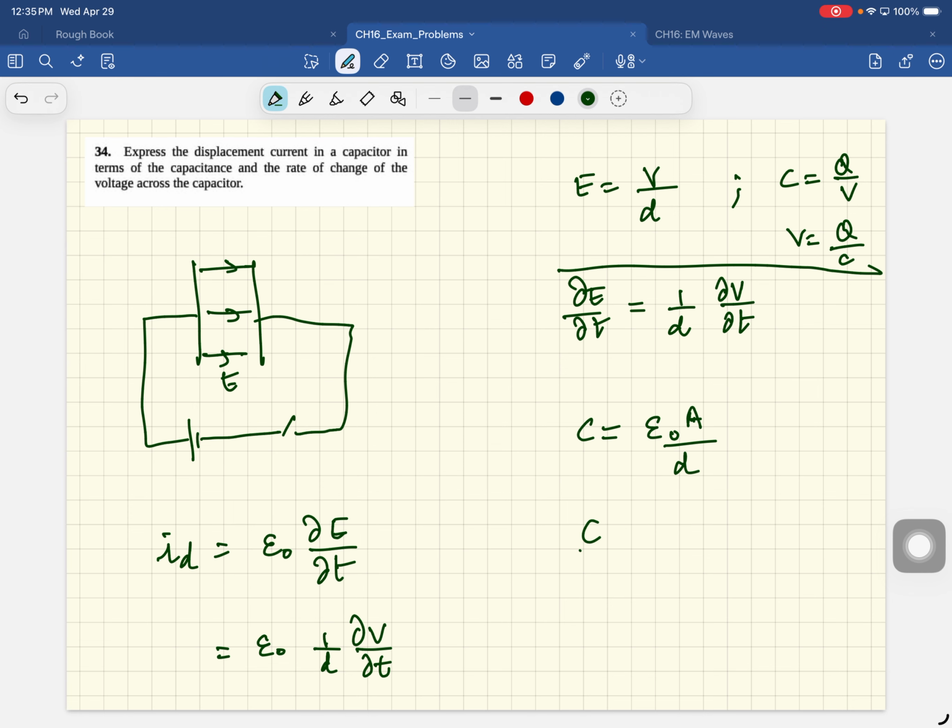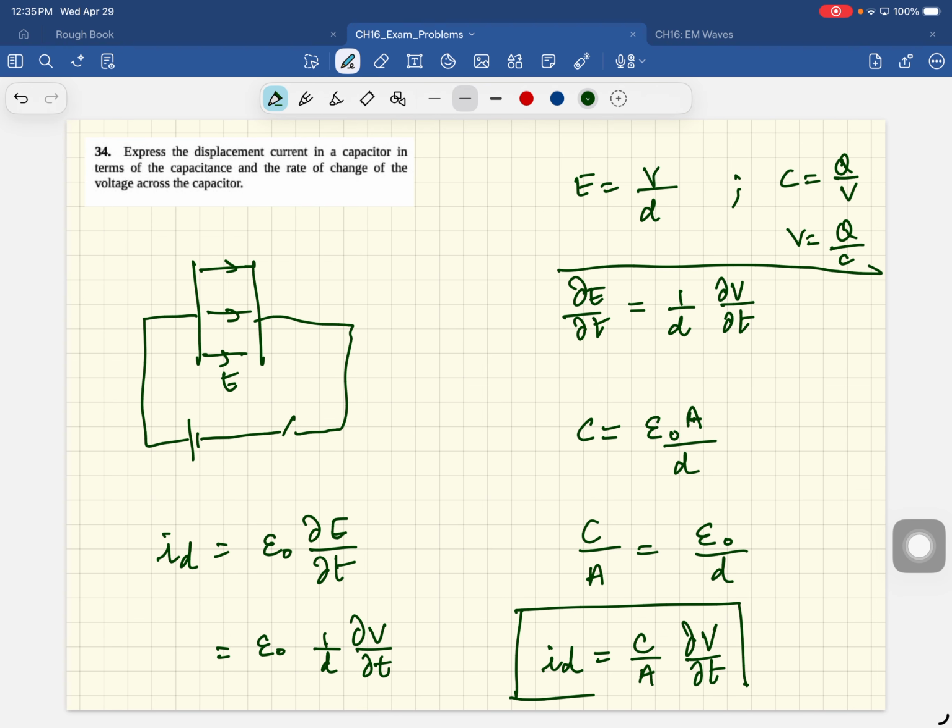So capacitance over area is equal to epsilon naught by d. So the displacement current is capacitance over A del V by del t. All right, and that's what they want us to do: express the displacement current in terms of the capacitance and the rate of change of voltage across the capacitor.